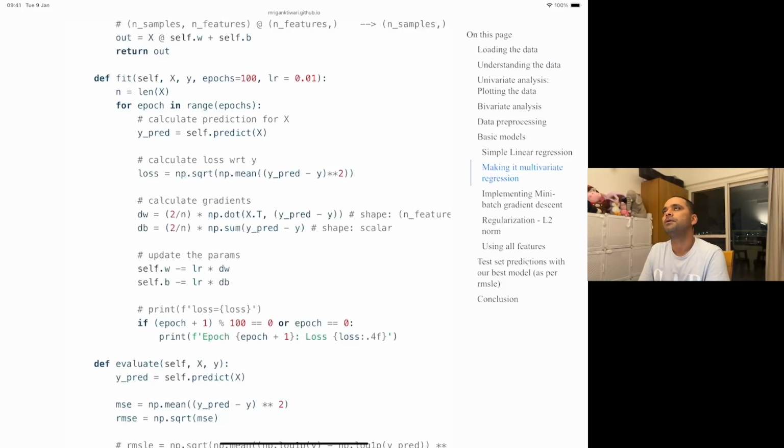Okay, so here you have to understand, you'll reach the same point; the db thing here is the same as we did in simple linear regression.